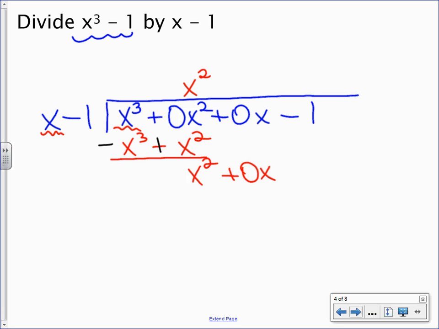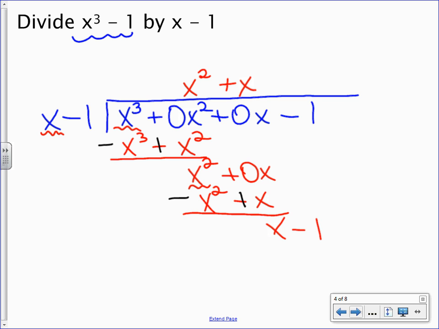So now we look at the first terms again. X times what is x squared? X. X times x is x squared. Negative 1 times x is negative x. And we need to subtract. So what are we left with? Positive x.